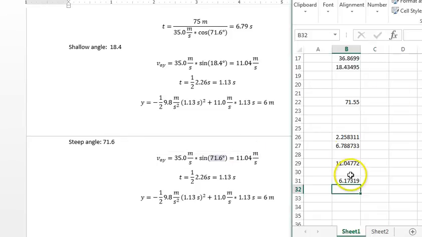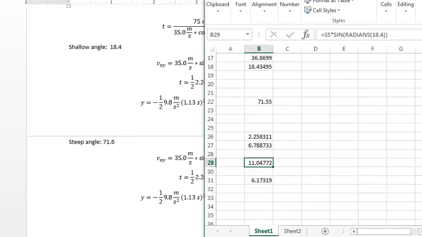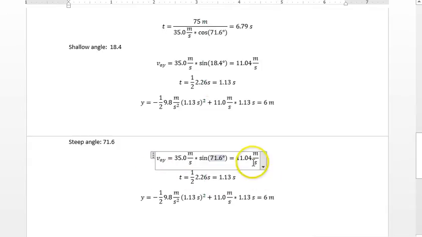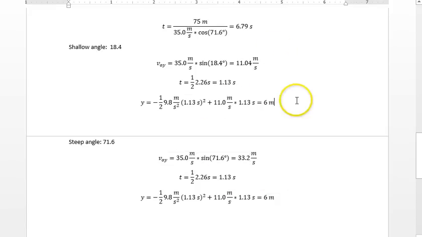Now go over here. That now means 71.6 degrees in, 33.2 meters per second. The time for shooting it up was 6.79.